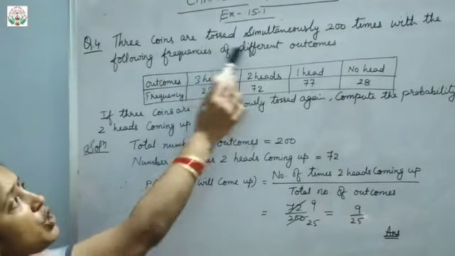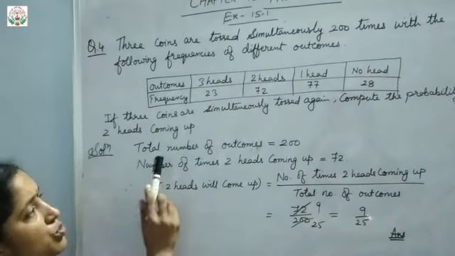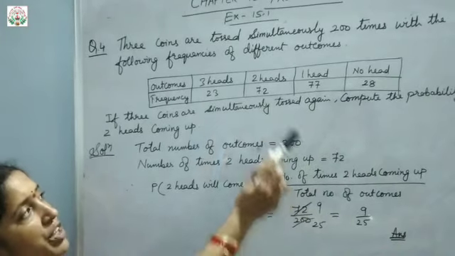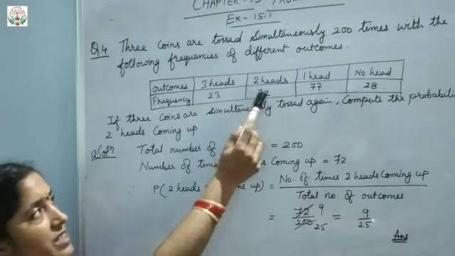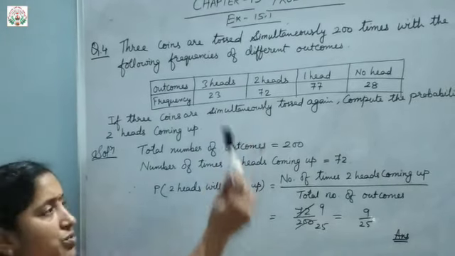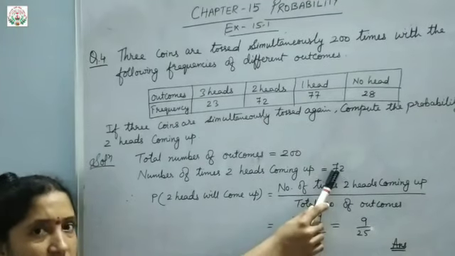It is given in the question that the 3 coins were tossed 200 times, so the total number of outcomes is 200. The number of times 2 heads came up is 72.